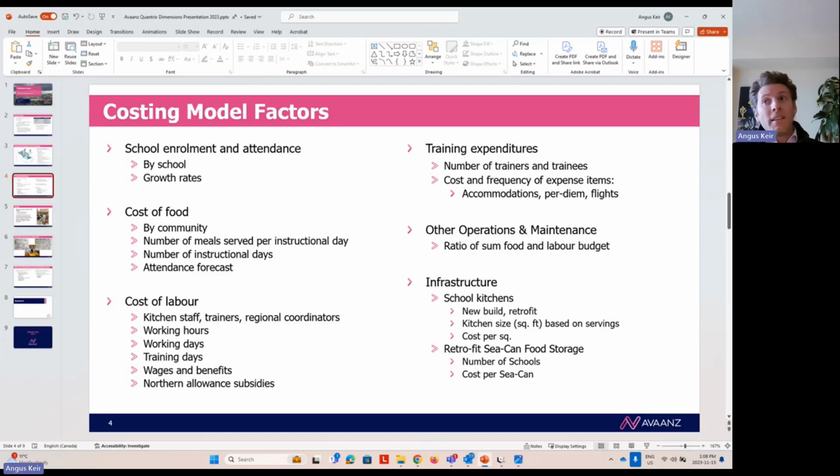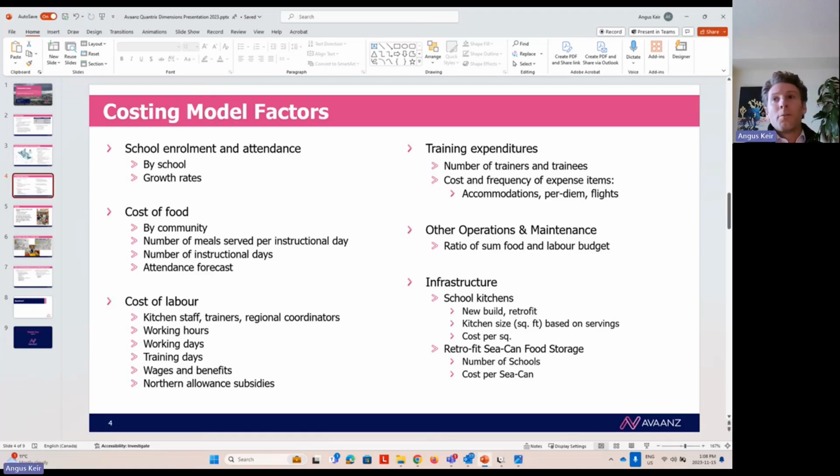And then, given the issue of food insecurity, if we have this program, how is that going to affect attendance rates? Using Alaska as a proxy, we discovered attendance improves drastically when you have a school food program. And you can imagine that it would especially improve in a region that's so food insecure as Inuit Nunangat.